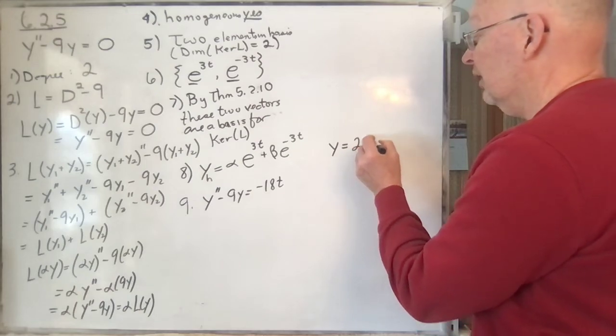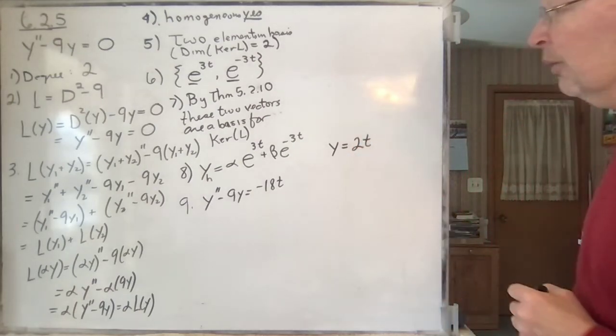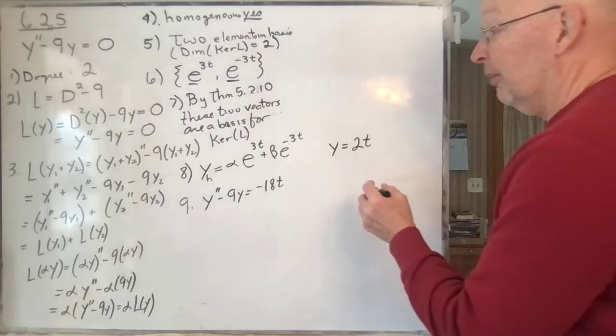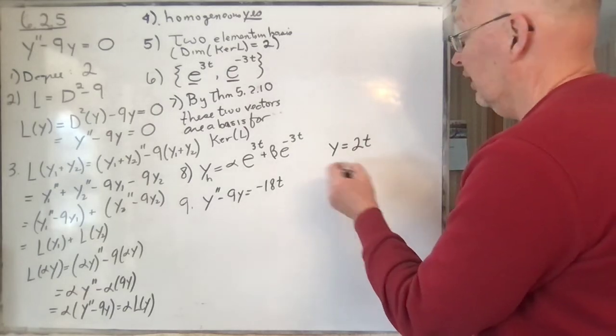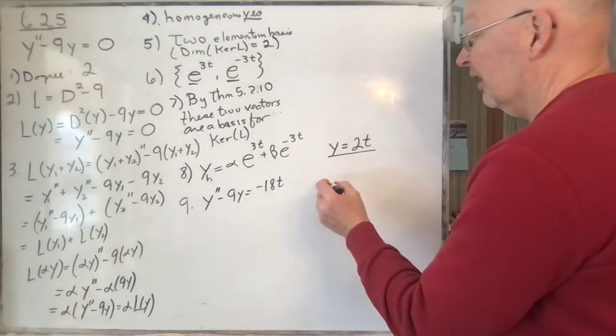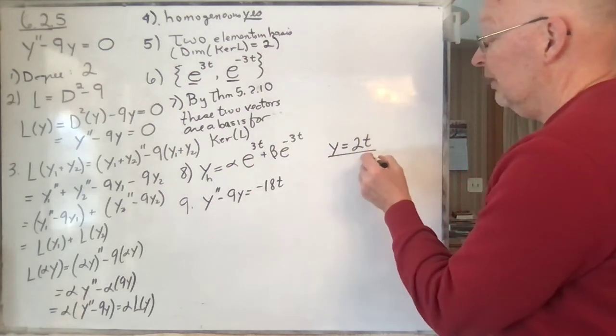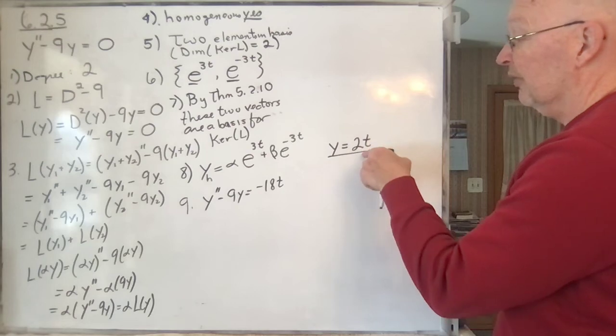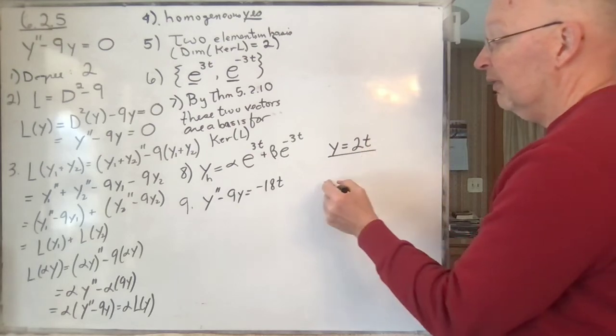Does that do it? If we let y equal 2t, then y double prime is going to be 0, because the first derivative is 2 and the second derivative is 0.